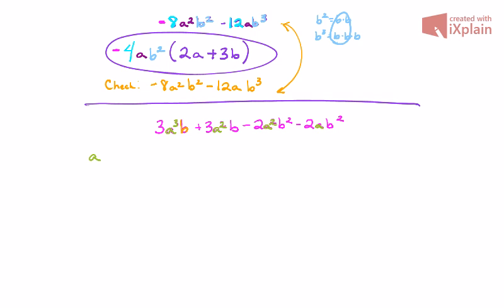Moving to the b's, b, b squared, and b squared. So I can at least remove one b from everything. So this leaves me with 3a squared plus 3a.